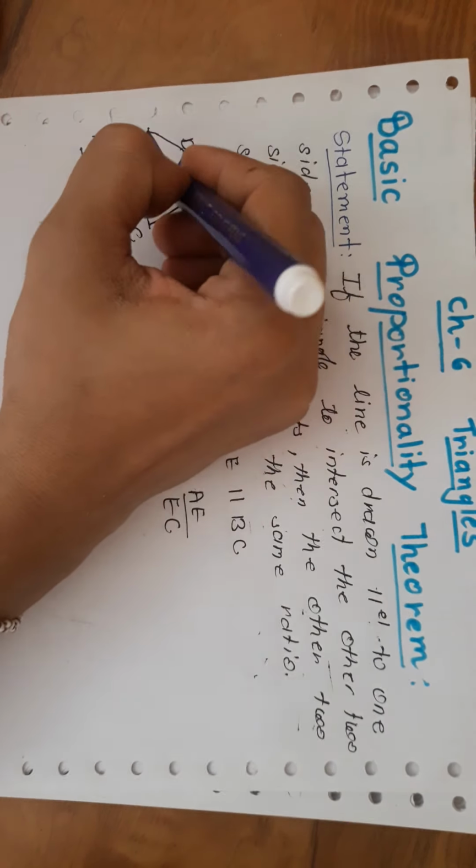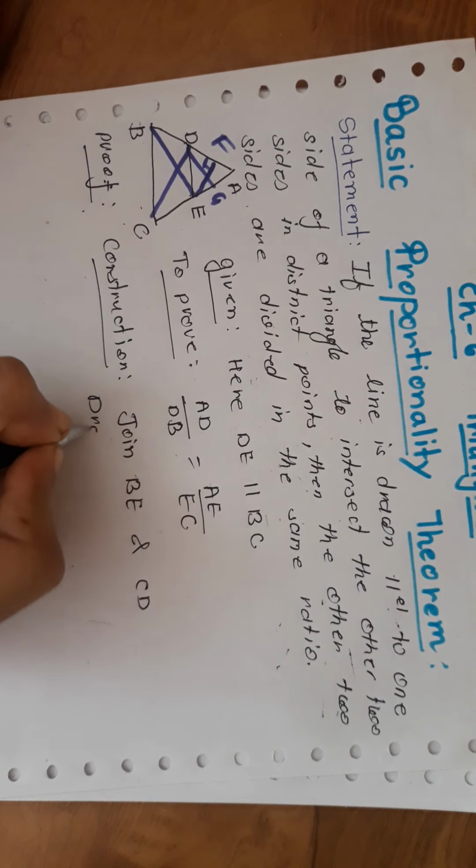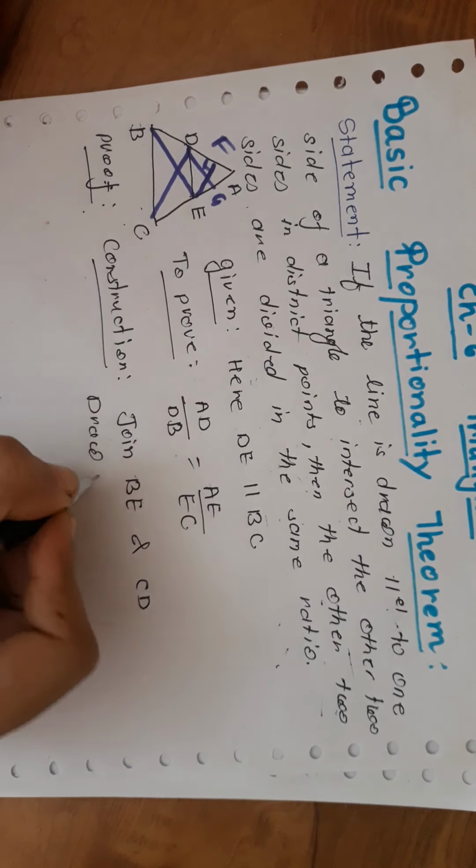And draw the perpendiculars, let's say EF to the side AB and DG to the side AC. So draw the perpendicular EF on the side AB and DG on the side AC.